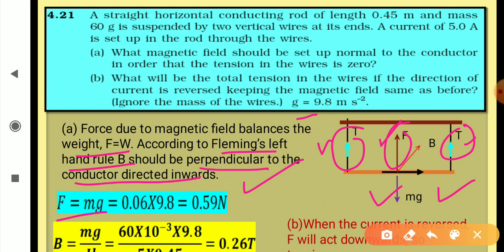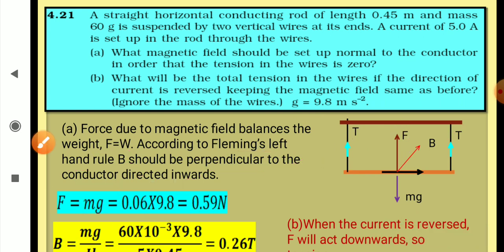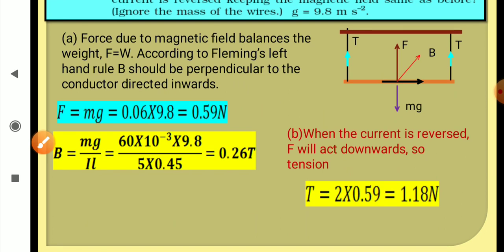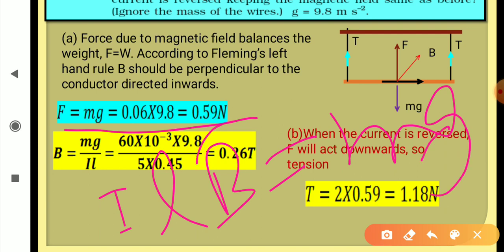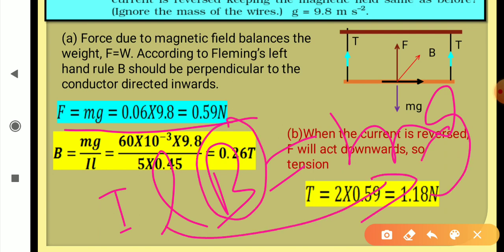Put the value of m, that is 60 gram is 0.06 kilogram into g is 9.8, and you get 0.059 Newton. So this force is known to us. Now we want to find out the magnetic field. So ILB is equal to mg. I want B, so bring this IL to the denominator.